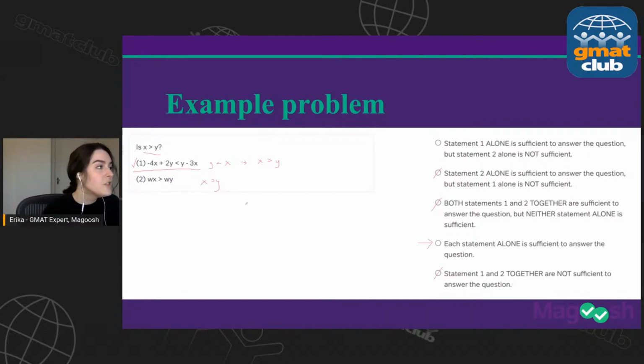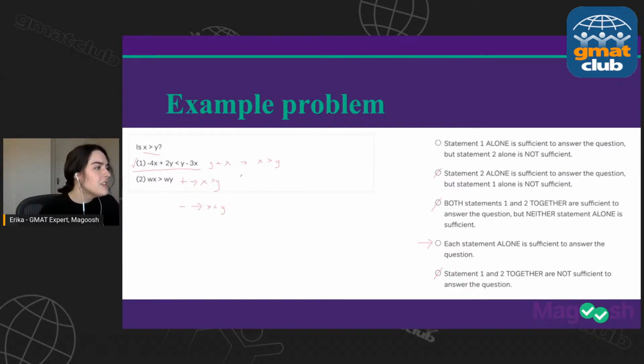So if W is positive, then I divide and my sign doesn't flip and I get X is greater than Y. But what if W is negative? If W is negative, when I divide both sides by W, my sign flips and I get X is less than Y.